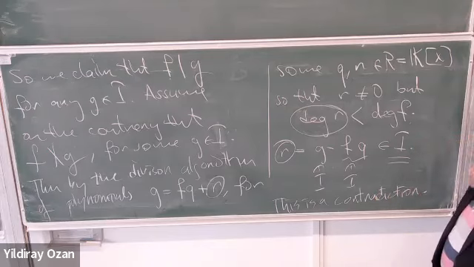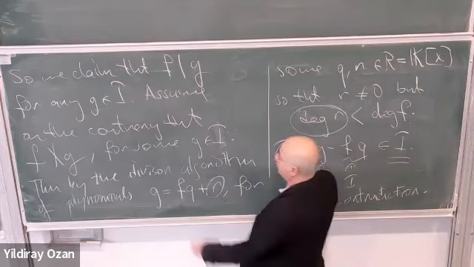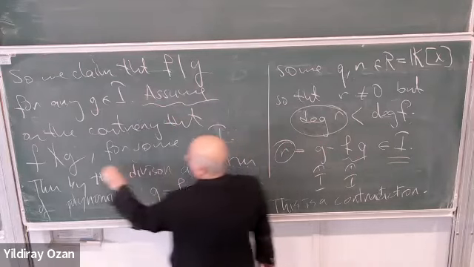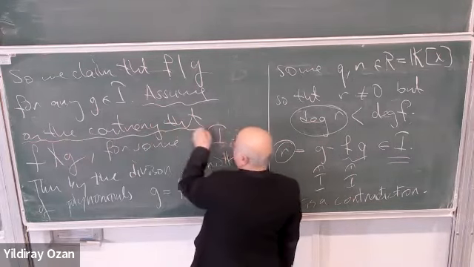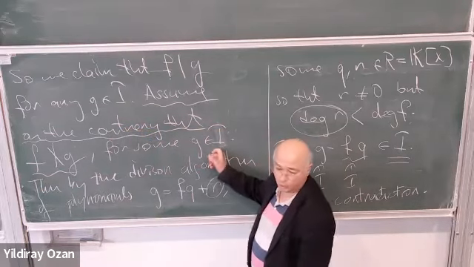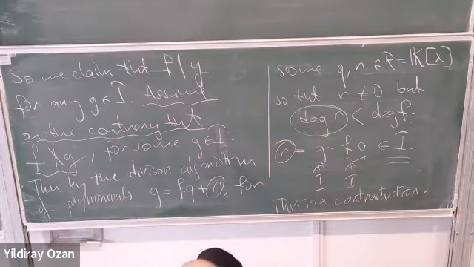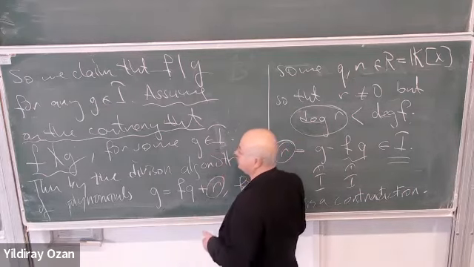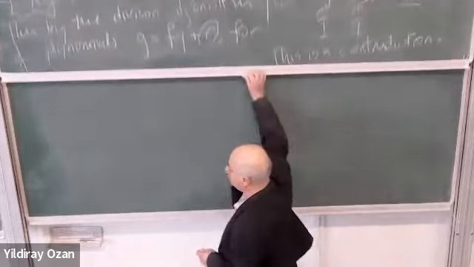And what is the reason of this contradiction? This assumption, right? Assume on the contrary that F doesn't divide a polynomial in this ring. Okay, so that's not true. So this implies what?